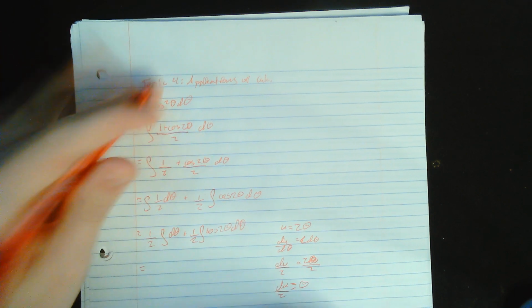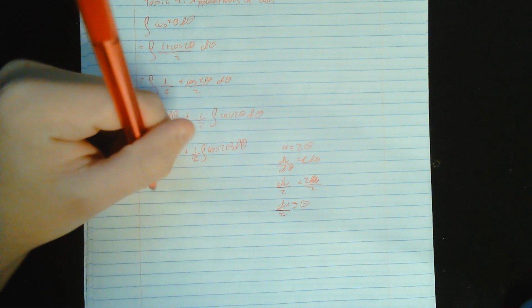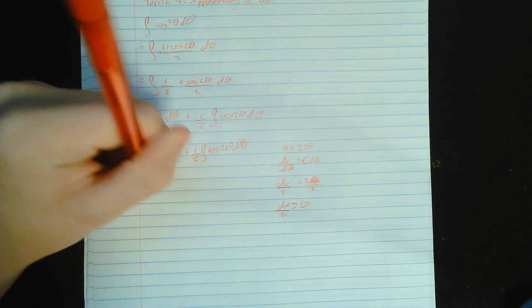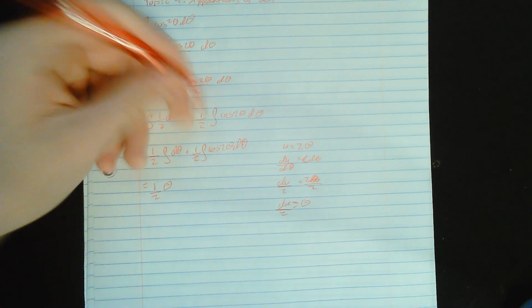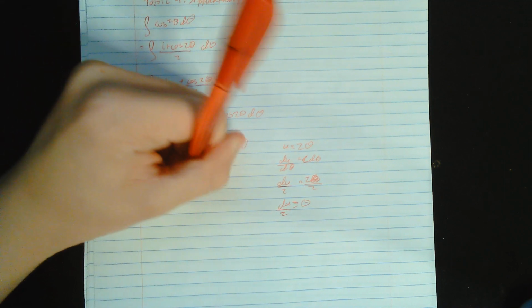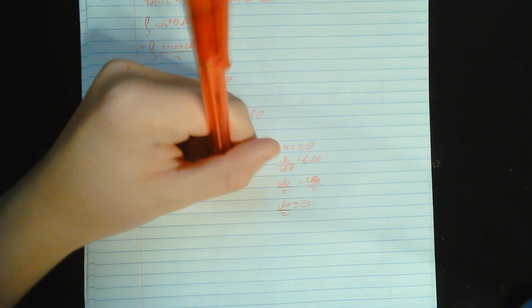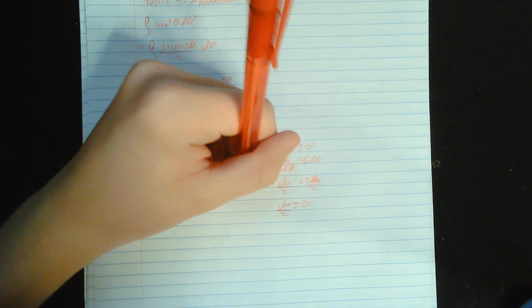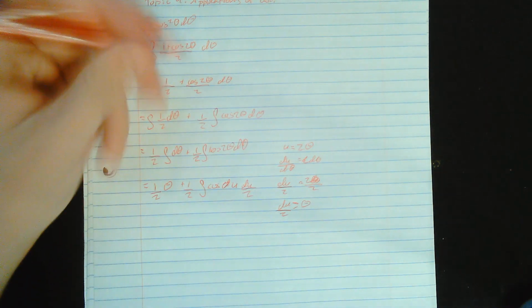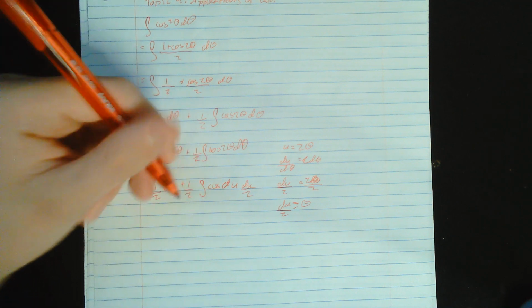Because there's nothing left in this first integral, it cancels itself out essentially. So we're basically just left with 1/2 theta plus 1/2 the integral of cosine of u du over 2, like so. We can integrate this now.